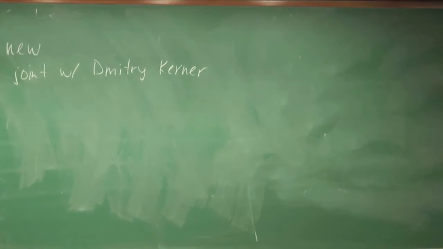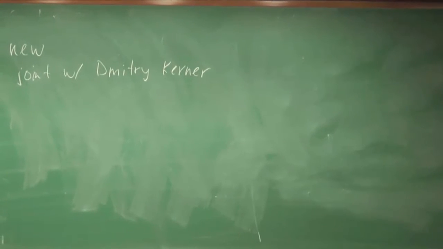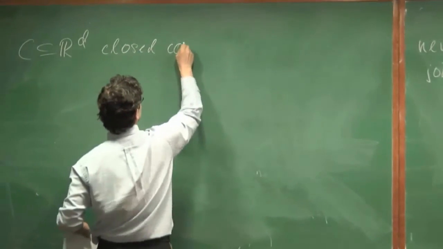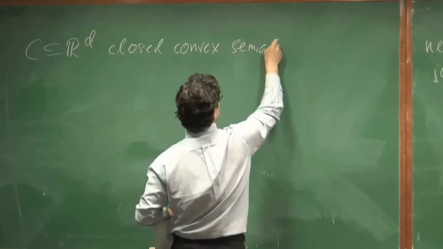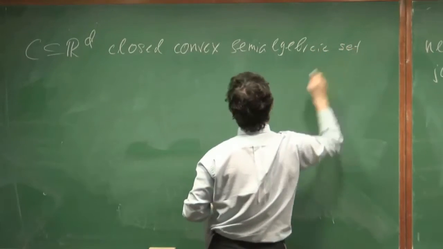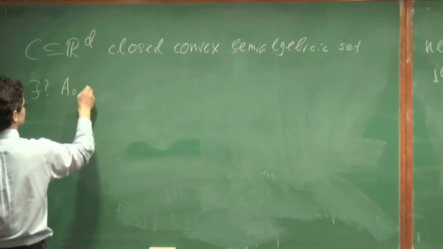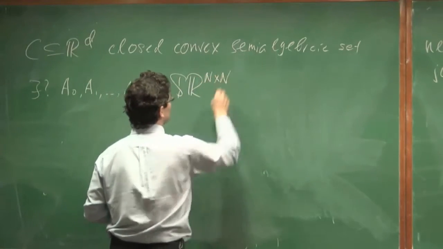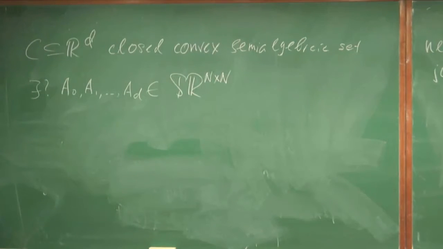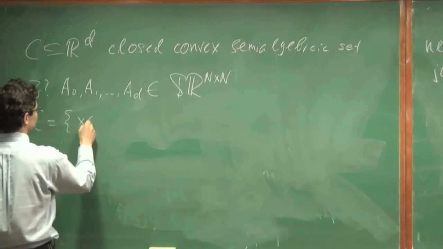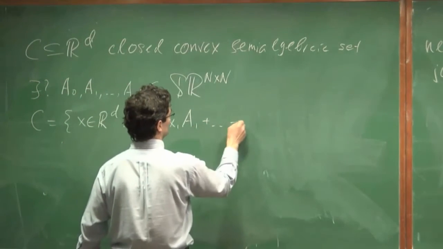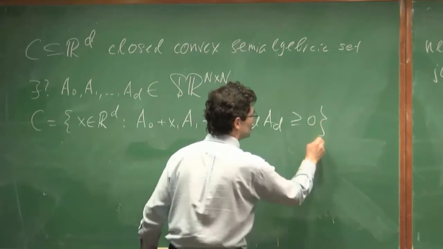Okay, so the basic question, which already was mentioned several times, is: given C in R^d, a closed convex semi-algebraic set, we are asking for the existence of A0, A1, ..., Ad, symmetric real n-by-n matrices, or maybe complex Hermitian n-by-n matrices, such that C is the set of all x in R^d so that the corresponding pencil is positive semi-definite.